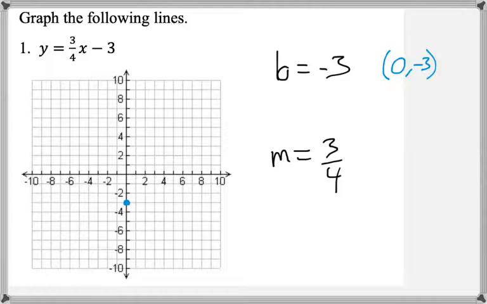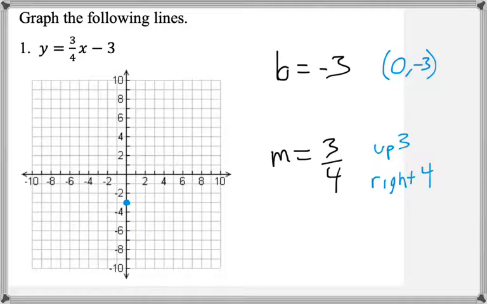And then we can use the slope to navigate to a second point and a third point. And slope is rise over run. So this means go up 3 and to the right 4 from the previous point.